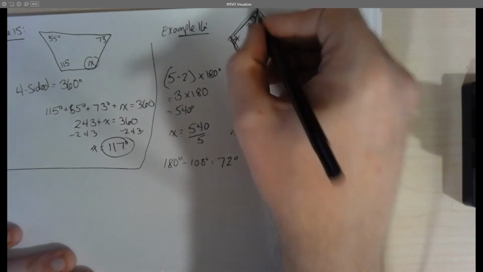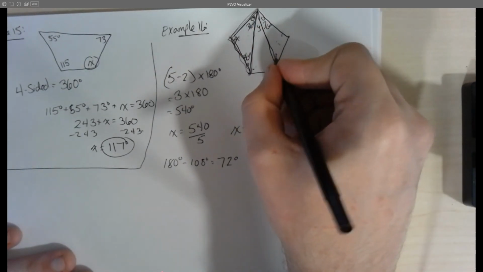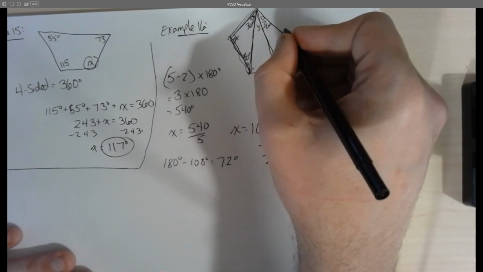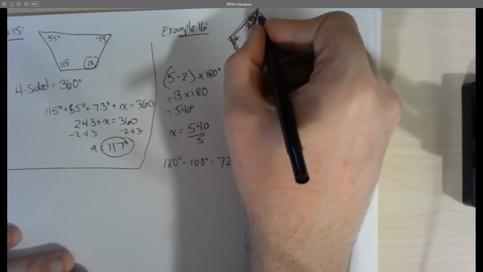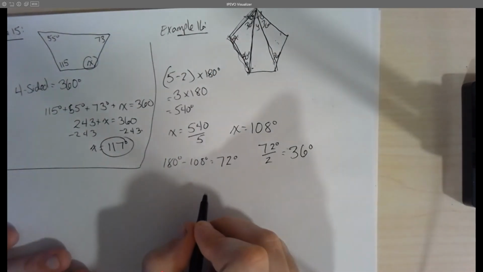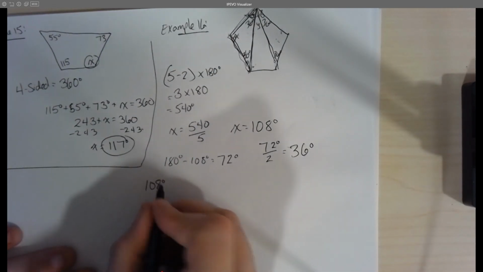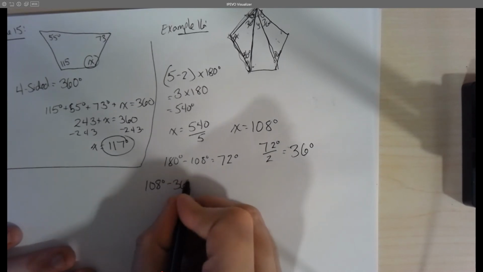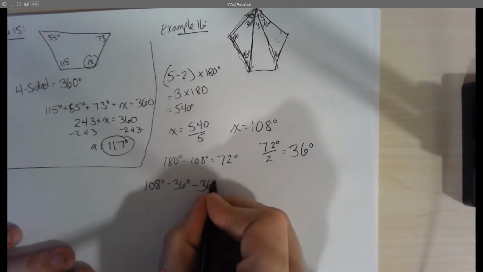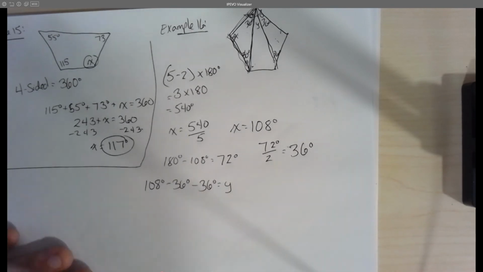So this is 36 degrees, this is 36 degrees, and I know that this whole thing has to be 108. So 108 degrees minus 36 degrees minus another 36 degrees leaves me with y.